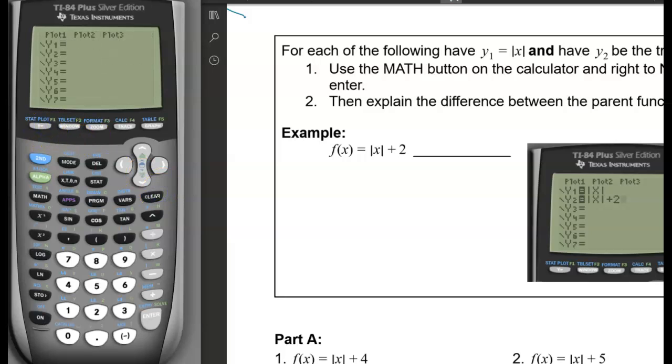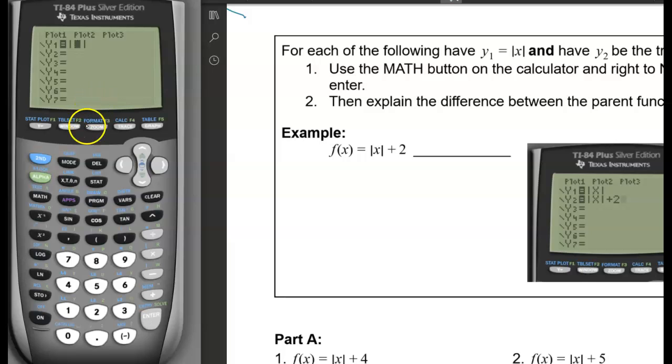So you're going to go to y equals, and you're going to press math. Then press the over arrow key to NUM. That stands for number. And that very first one, ABS, stands for absolute value. You press enter, and you will get the absolute value symbols.